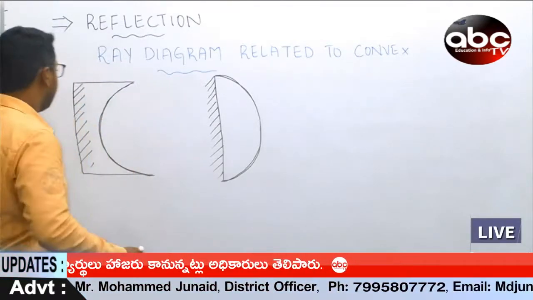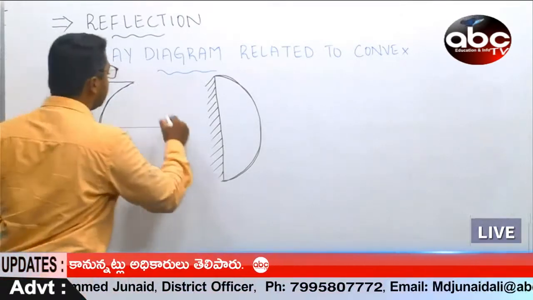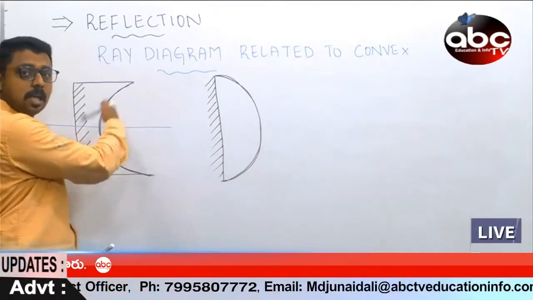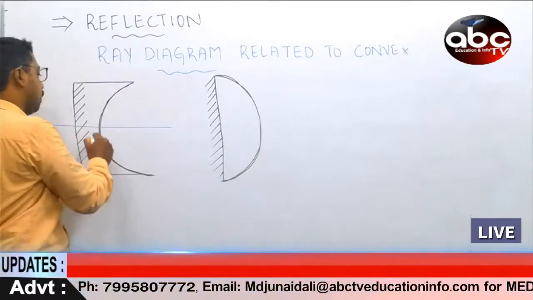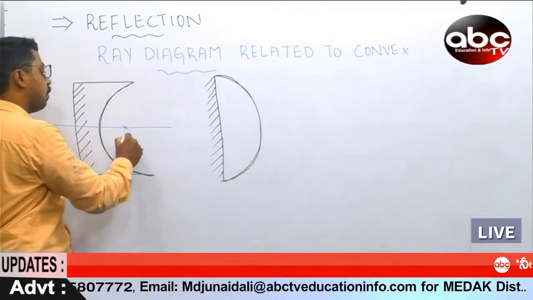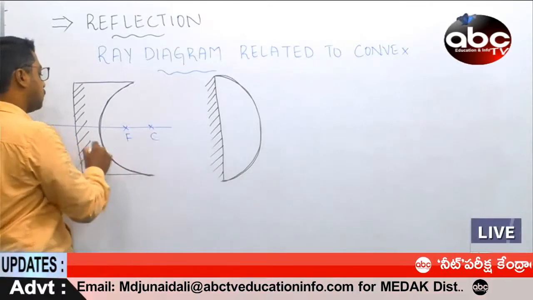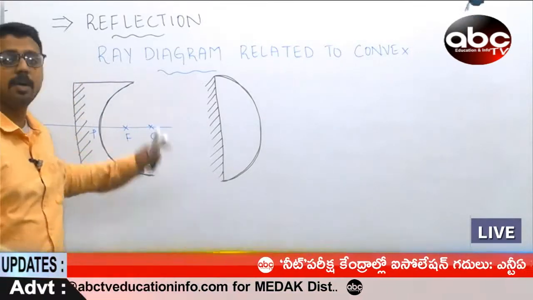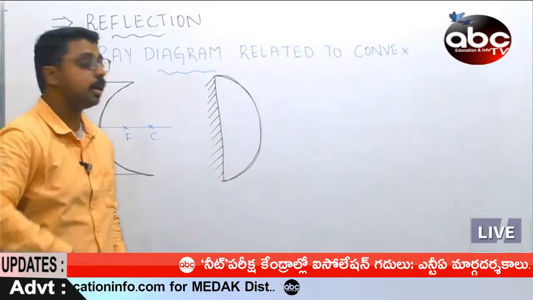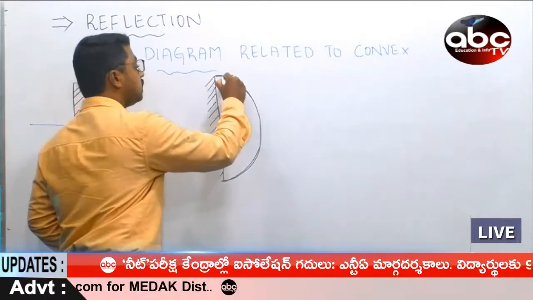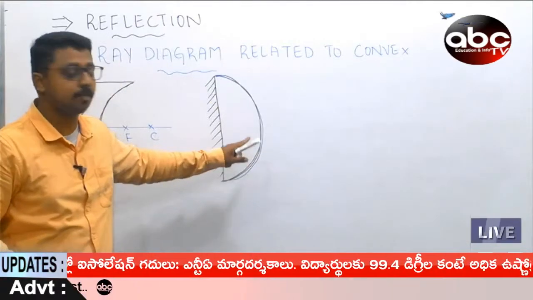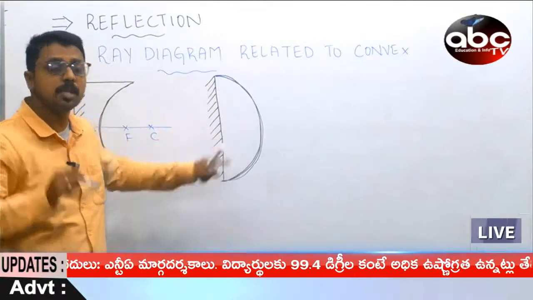What is that? If we take the principal axis, on the inner side, that is in the concave surface, we are able to expect focus, pole, and center of curvature. But on the contrary, here this could be the reflective side and this is the active side.